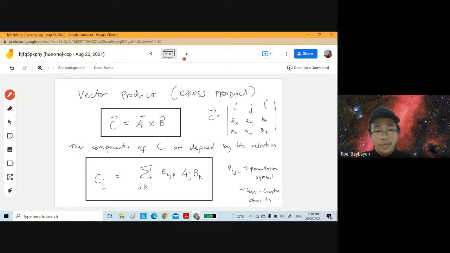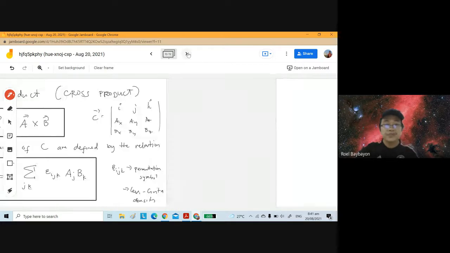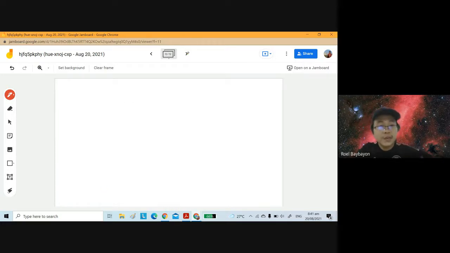And then we have J and K, the indices of A and B, because C is equal to A cross B. J goes with A, and the last, K, goes with your B. So this is the notation for the components of our vector product A cross B, or this so-called vector C.